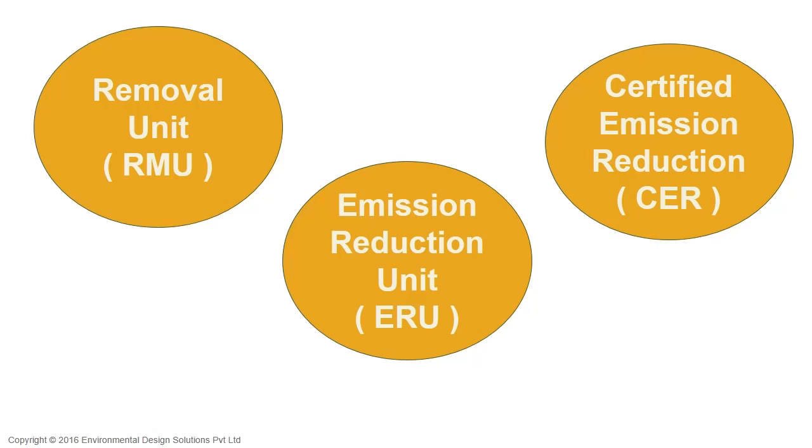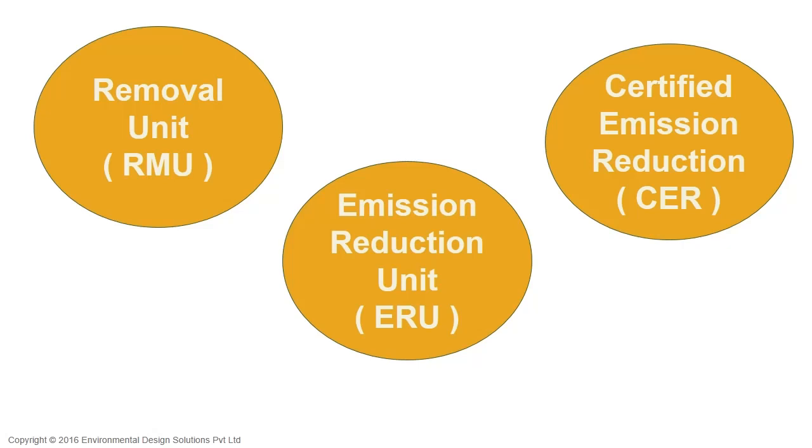The units which may be transferred under the scheme are of three types, each equal to 1 ton of carbon dioxide. The first type of unit is a removal unit, or RMU, which is on the basis of land use change and forestry activities such as reforestation.